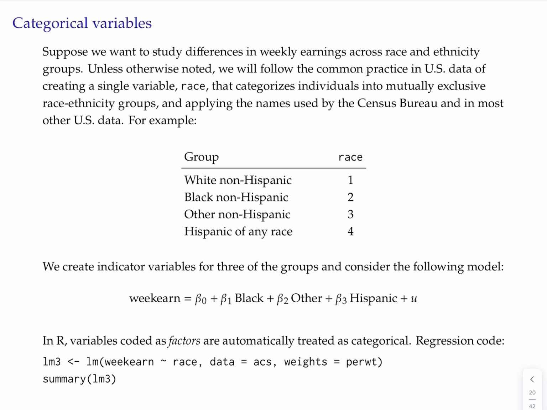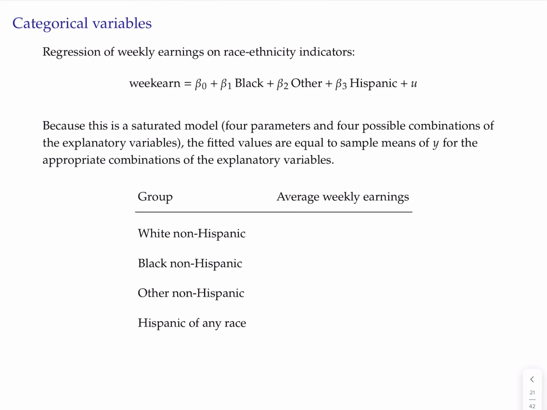And if I include a data set on an assignment where I want you to look at differences by race ethnicity group, then I'll have coded it as a factor so that you don't have to figure that out yourself. Okay, so this is a regression of weekly earnings on race, but we're going to treat race here as categorical because it's coded as a factor, and we're applying some sampling weights here you see in this ACS data. Okay, here again is that regression model.